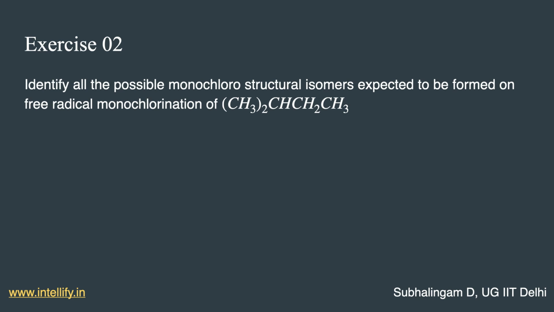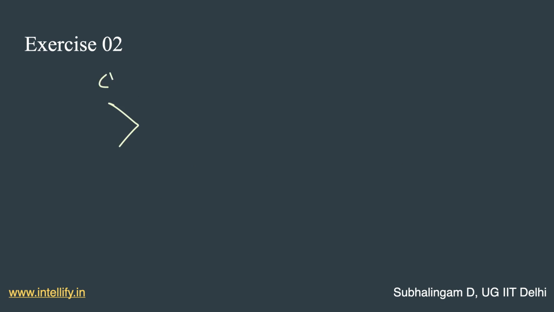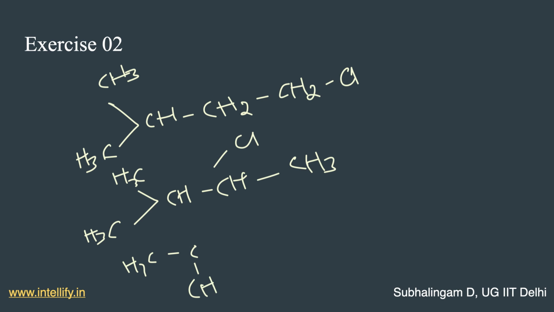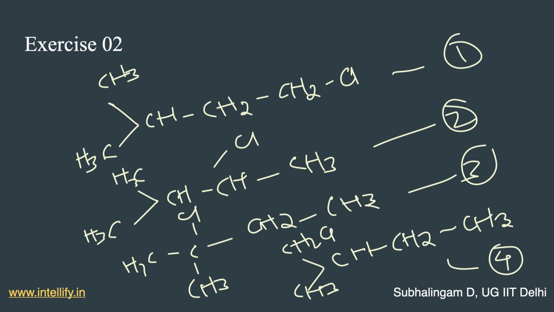Okay, let's look into the solution. So I got a compound again and I notice that chlorine can get attached to any of these positions. The last two positions that I have marked with a star are equivalent. This means we have four possible isomers, which I will draw now. 1, 2, 3 and 4. So yeah, we have four possible isomers.